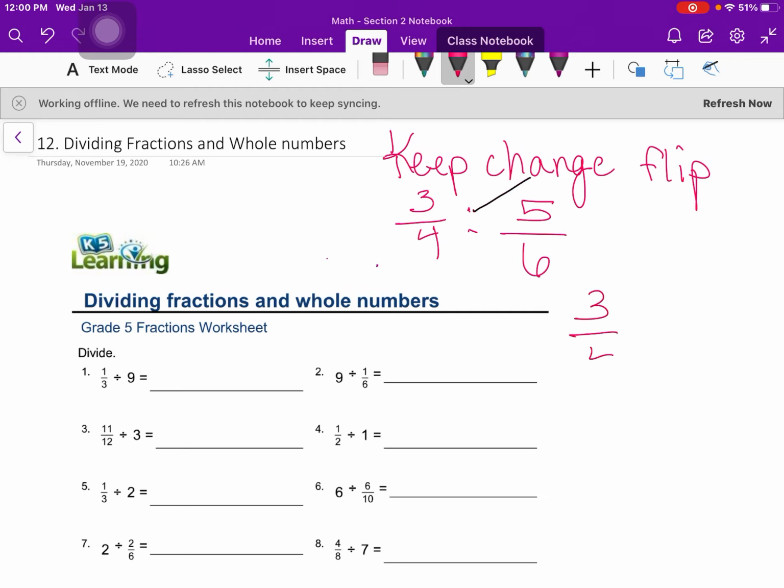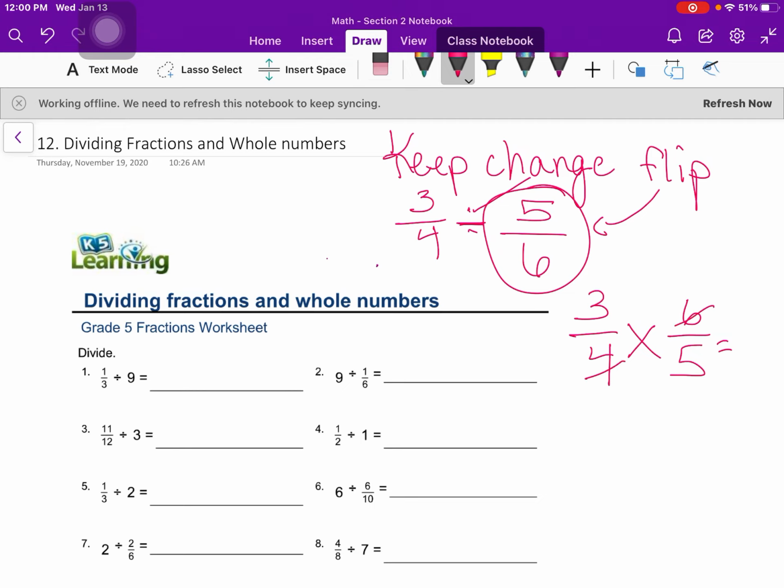I would change the division symbol from division to multiplication, and I would flip this fraction so that it had its reciprocal, 6/5. Then I can multiply just like normal, or I can simplify if I can.